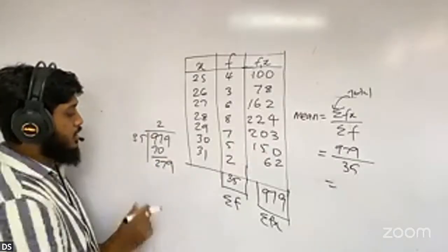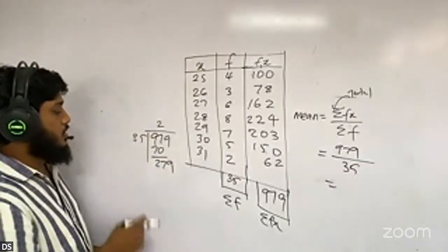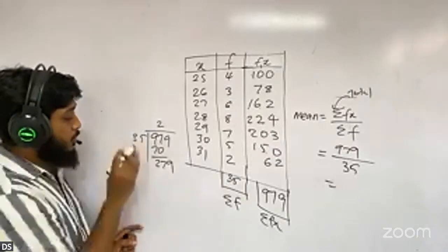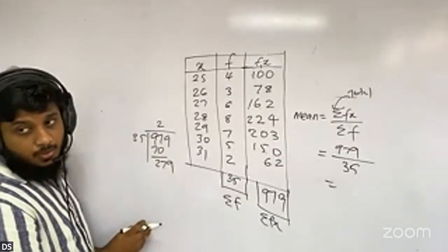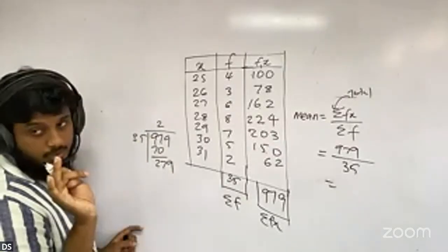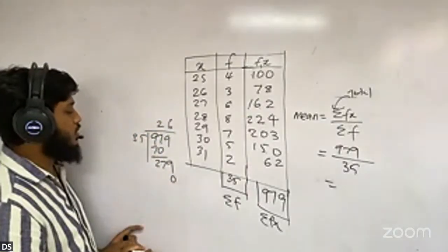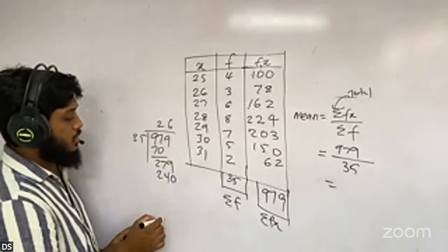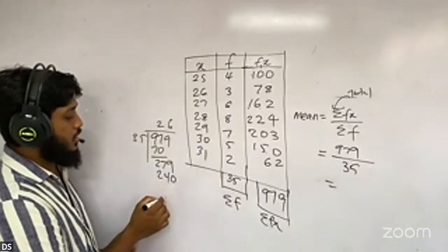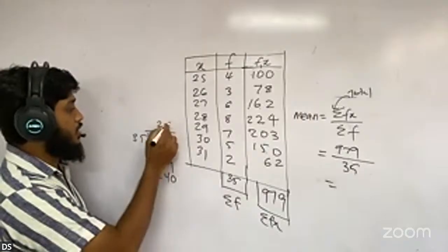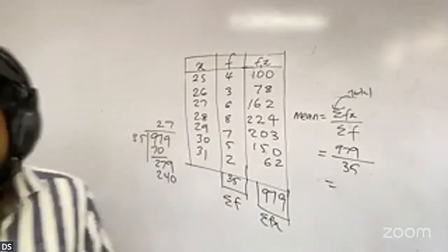In 279, how many 35s are there? 7 times, 35 into 7 is 245. Then 275 we will get here.